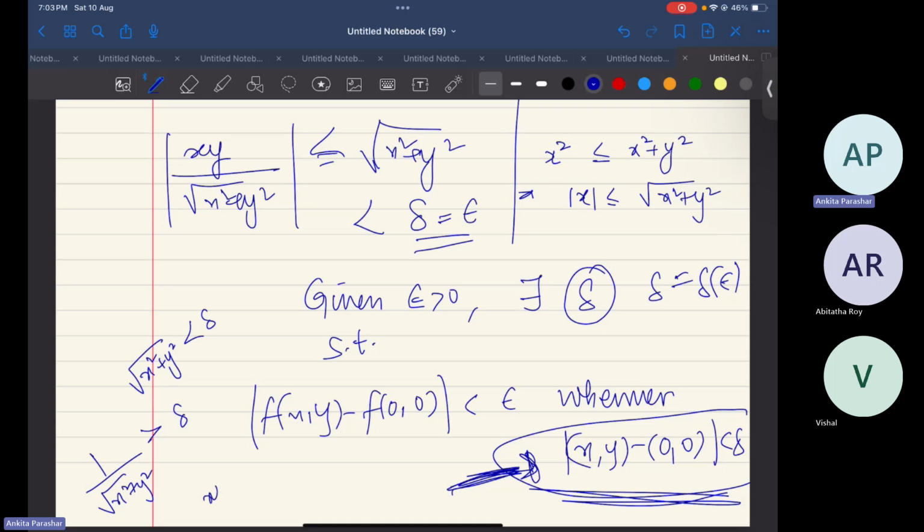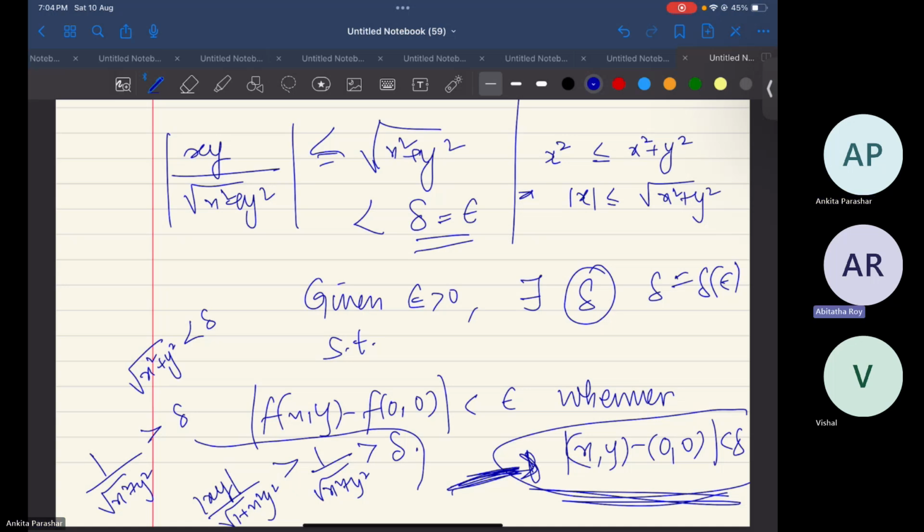This is greater than mod. And in this way, we find that the value of the original function xy by root of x squared plus y square comes between epsilon and delta.